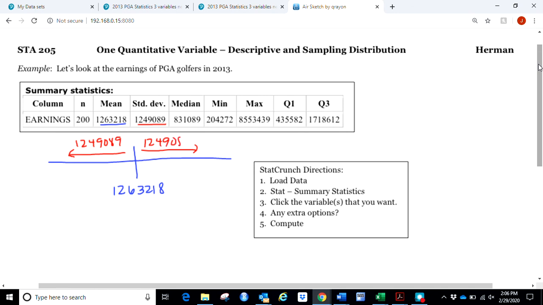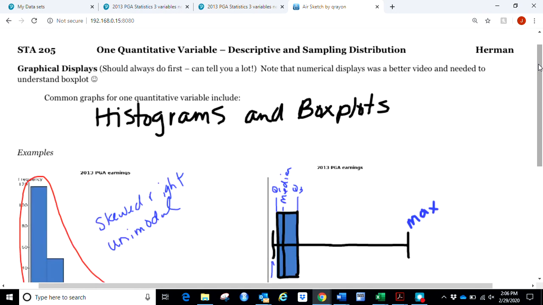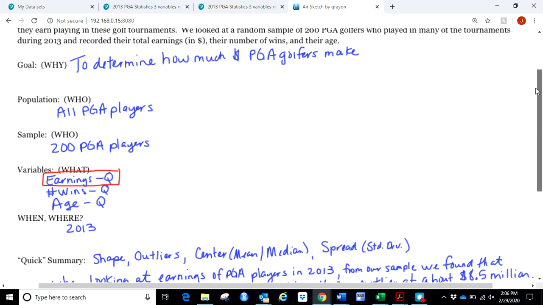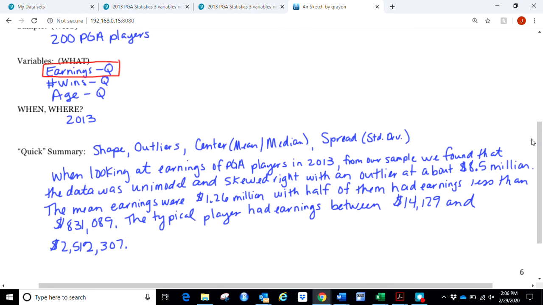So I subtract it off to go to the left. So that's where the $14,129 came from. And added it to go to the right there to get that $2.512 million that we saw. So that's an example fully going through how to summarize a quantitative variable.